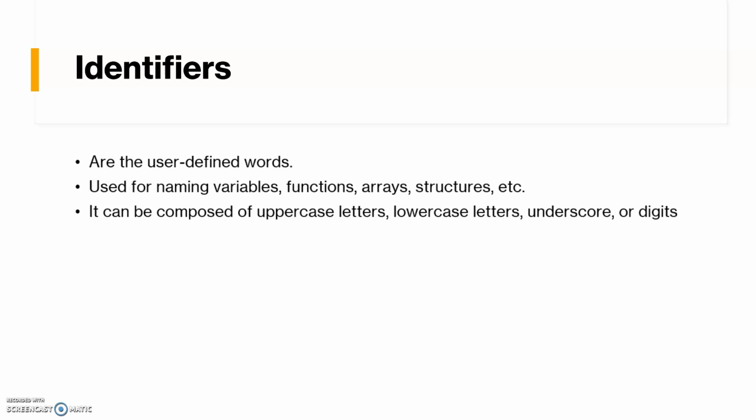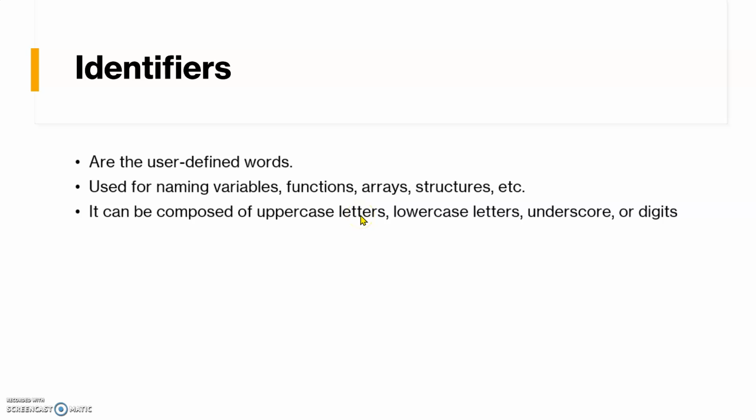Whenever you are naming your variables, functions, arrays, structures or anything, you can use a composition of uppercase letters, lowercase letters, the underscore symbol and digits. Only these combinations can be used: letters of both uppercase and lowercase, the underscore symbol, which is the only symbol used in an identifier, and digits 0 to 9.